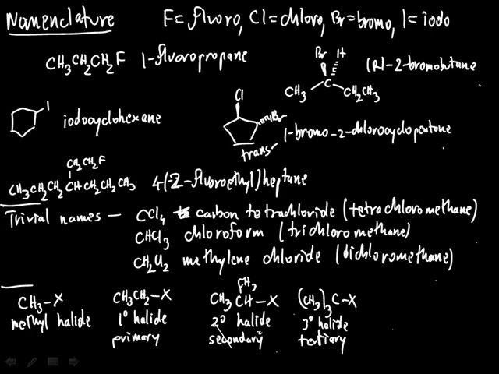Finally, just one brief note about dihalides. We can have many different examples of dihalides, but two that have used common names are these geminal dihalides. The word comes from Gemini, which means twins, where both X's are on the same carbon.